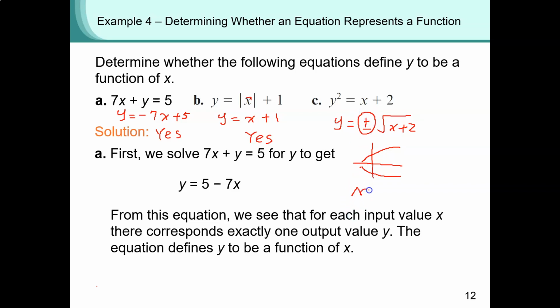In other words, as long as you rewrite the equation with a single y on the left-hand side, if you have two different signs in front of the right-hand side portion, that won't be a function. If you look at A, we only have the single negative sign, so this is a function. Example B, we have the single positive sign in front of x, so this is a function. But now C, I have the double sign in front of the x term, so this is not a function.